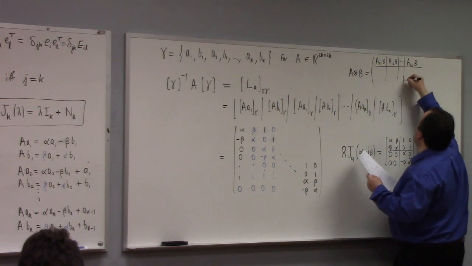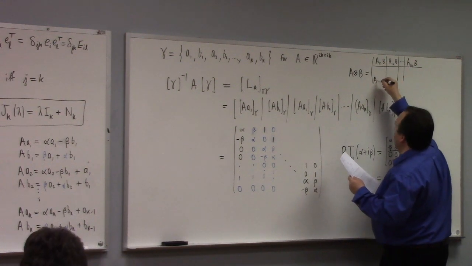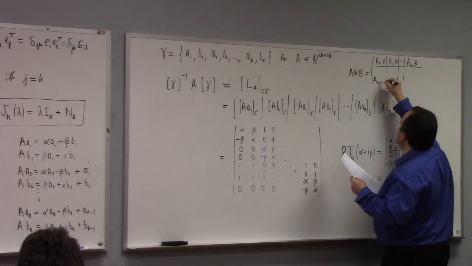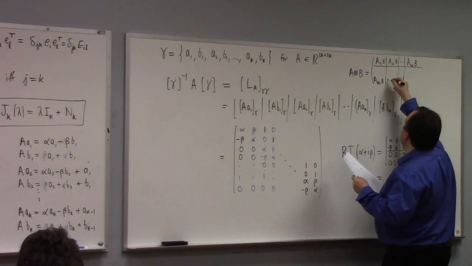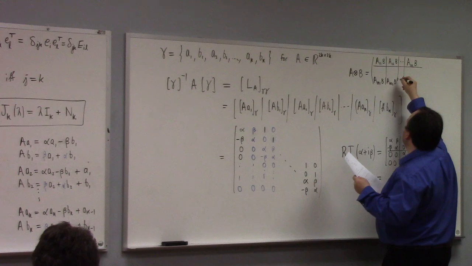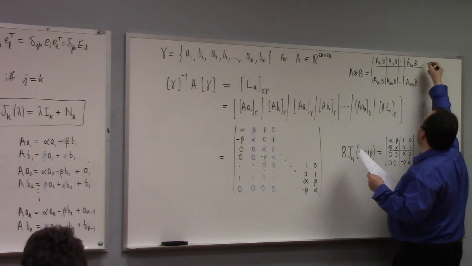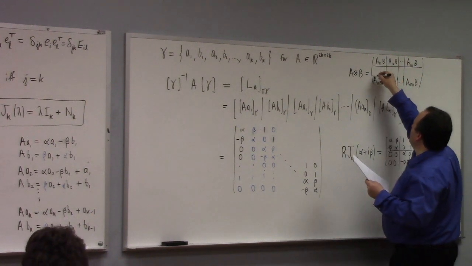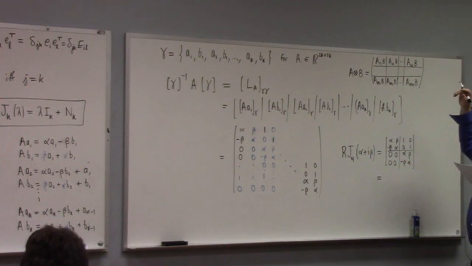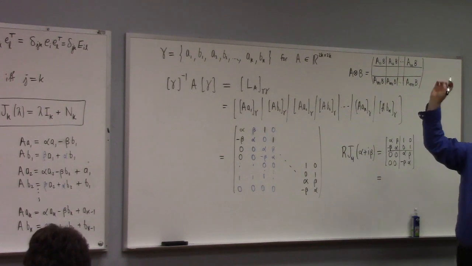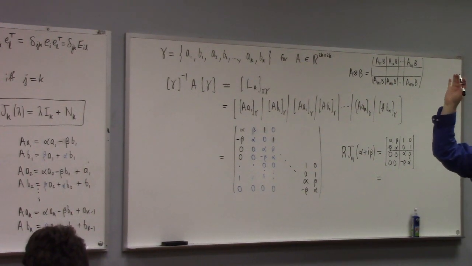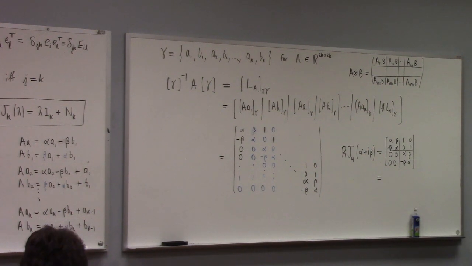So these are all blocks, all right? Down here, you've got AM1 B, AM2 B, eventually AMN B. So basically, you just make a new matrix where every block is formed by taking the scalar from the matrix on the left and putting a copy of the matrix on the right.